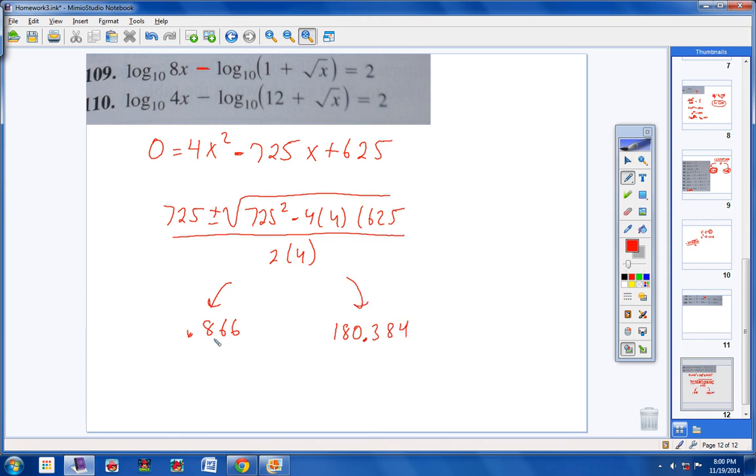Because if you look, guys, if you put this right here in for x, no, maybe not. Let's see if that works. Hold on one second. Looks like they both work, actually. Yep, they both work. So there we go. Okay? So there's the answers. And a lot of work. But that's the answers, okay?